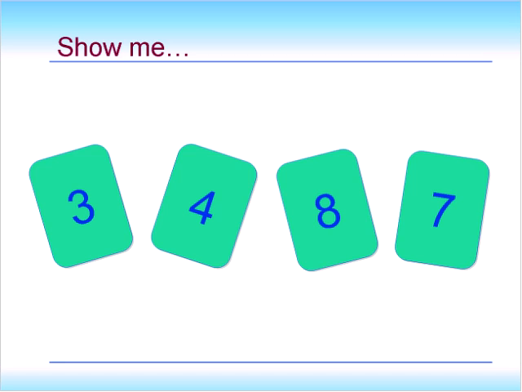So for example, with a 3, a 4, an 8 and a 7, we could see those as individual digits. So individual numbers or individual digits. If we take them as individual numbers, okay, a question could be, could you show me an odd number? Okay, and a child would hold up the card or just put them on the desk in front of them.